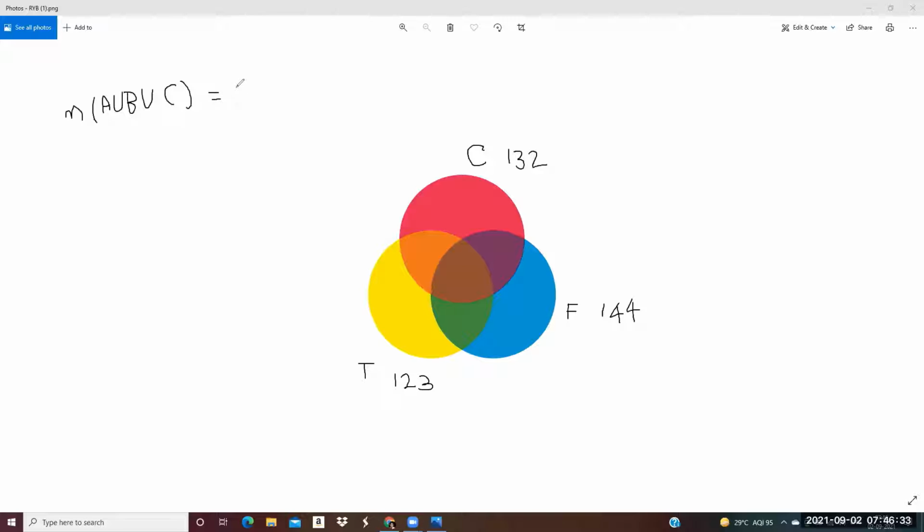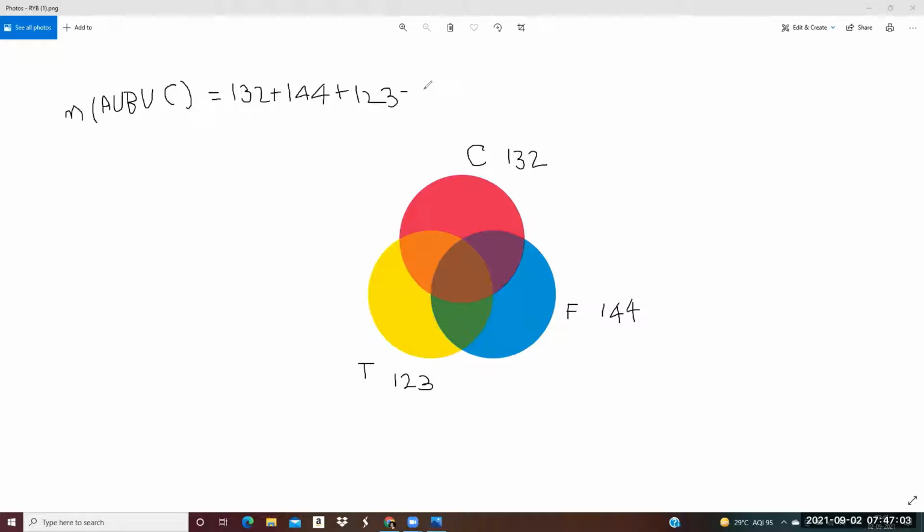So let's just write the numbers themselves. It's 132 plus 144 plus 123. This is a simple sum of all the members, but then we are double counting members.